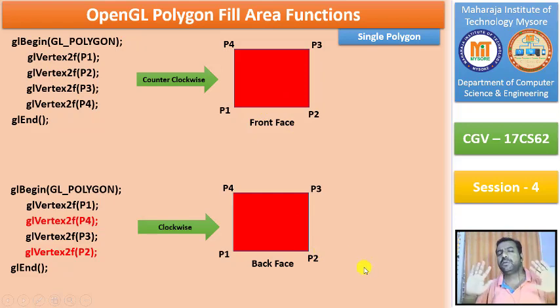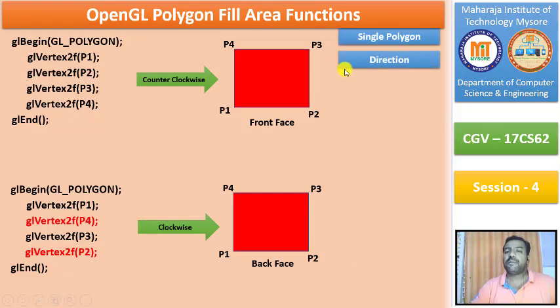Right now you need not bother much about this. We will discuss these direction properties and the front and back face in the coming classes, but right now just remember what makes this difference. Hence the direction will matter.